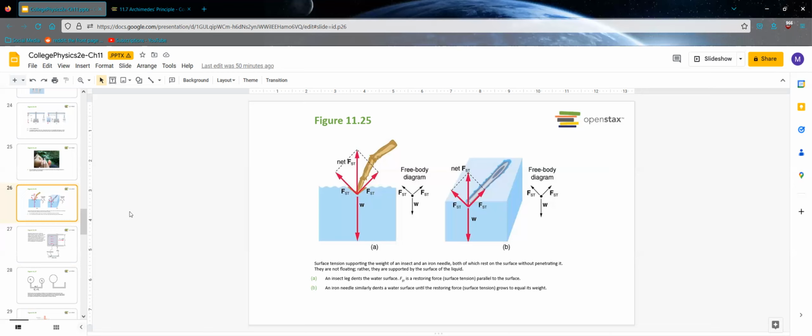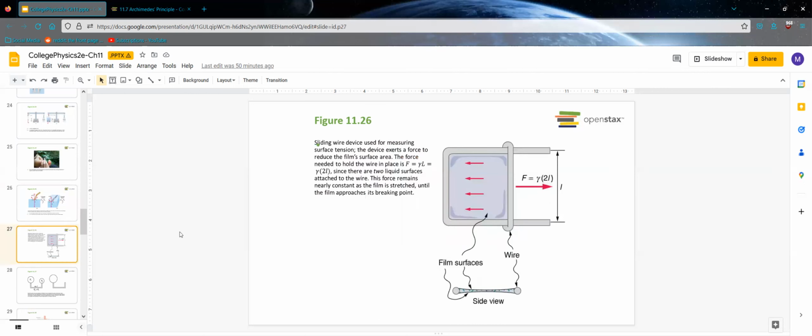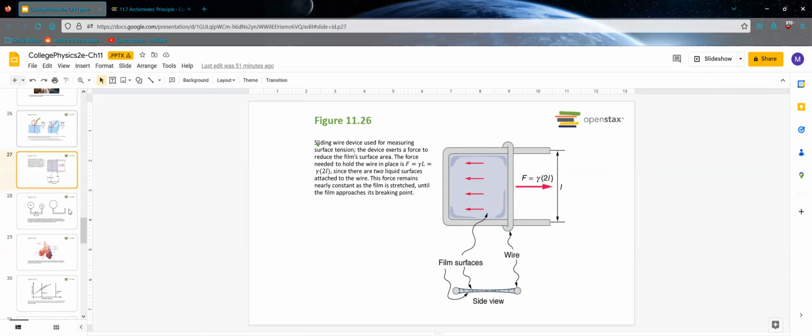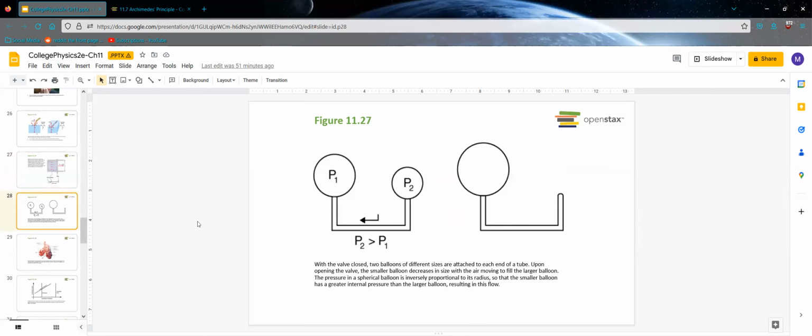So that allows them to cover more area and therefore not break surface tension. Surface tension as well has equations to all this stuff, and they're kind of variations on what we've already talked about, which is why I'm skipping them. These are just more examples going over the same principle, so I'm not going to go too deep into this stuff here.